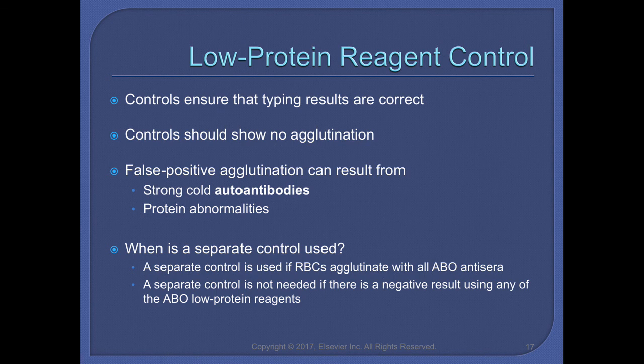If any of the ABO reagents you use when doing your ABO typing come out negative, that can be used as a control for the D antigen, or for the anti-D. However, you do have to include a control if all of your red blood cells agglutinate with all of the ABO antisera as you're doing your ABO typing.